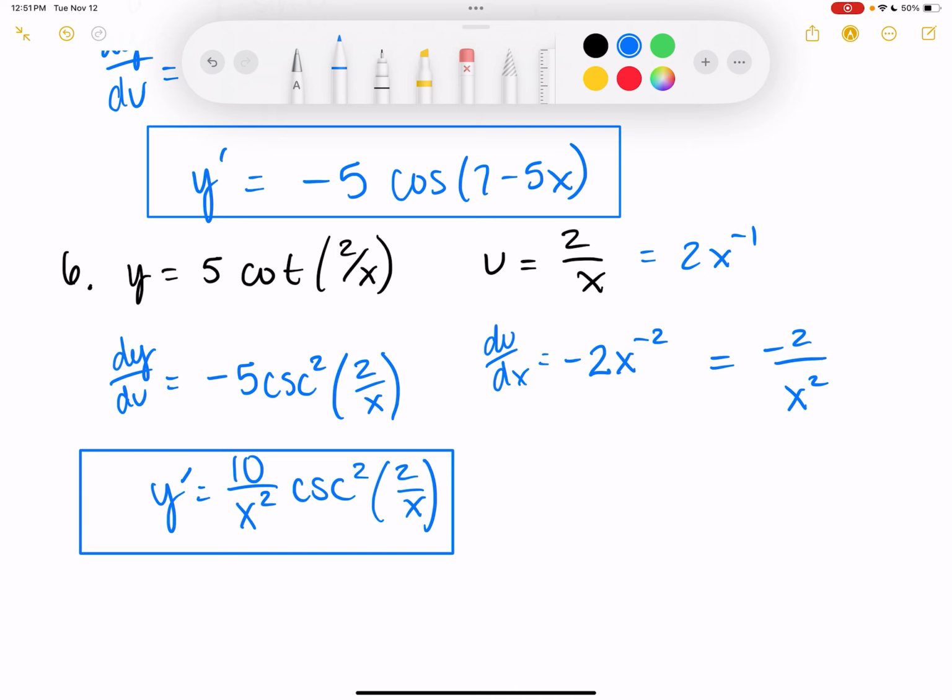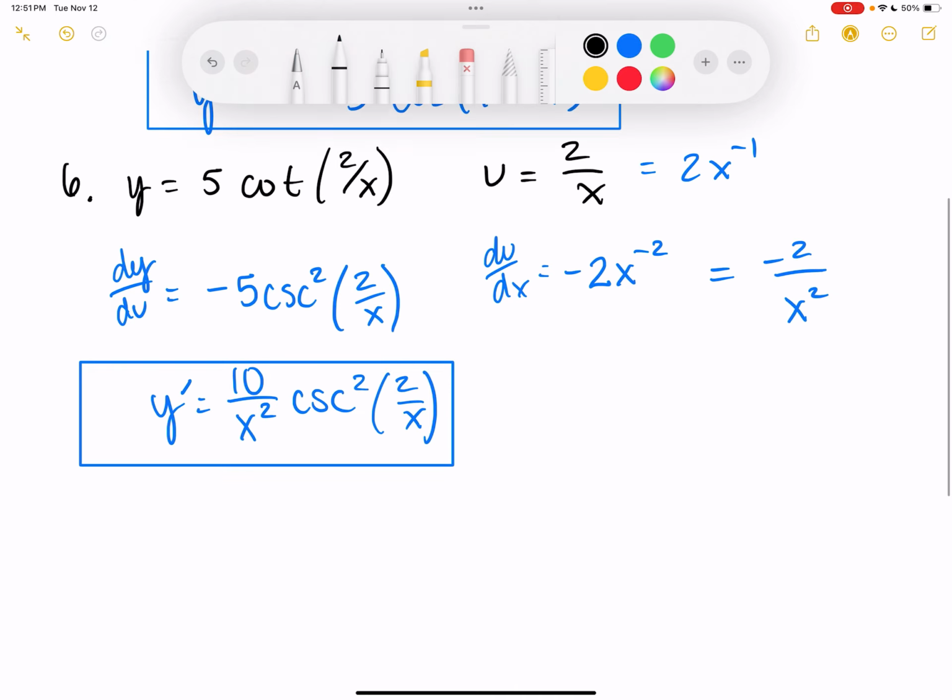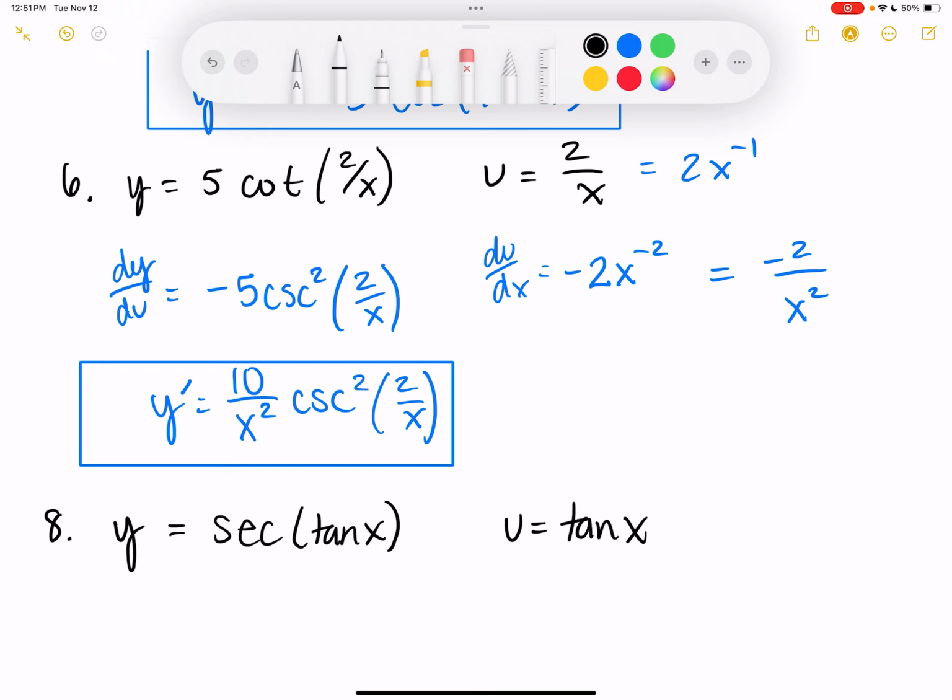All right, let's do one more where they tell us u, and then after that, I'm going to have to work for it. y equals secant of tangent of x. What do you think u is? Tangent of x.